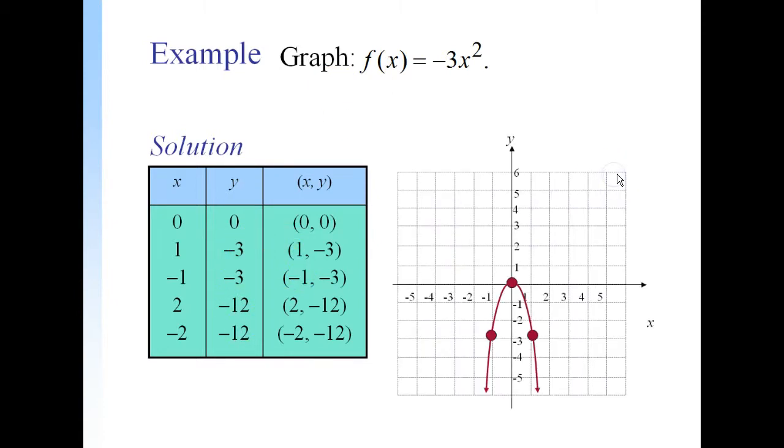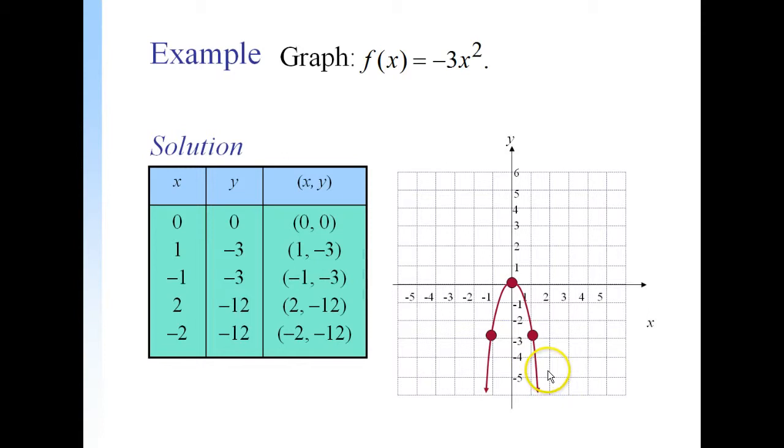So when you plot these points, as you see, it's a parabola, but the parabola now is opening downward. But our vertex, which is now the top, is, as we mentioned before, the origin.